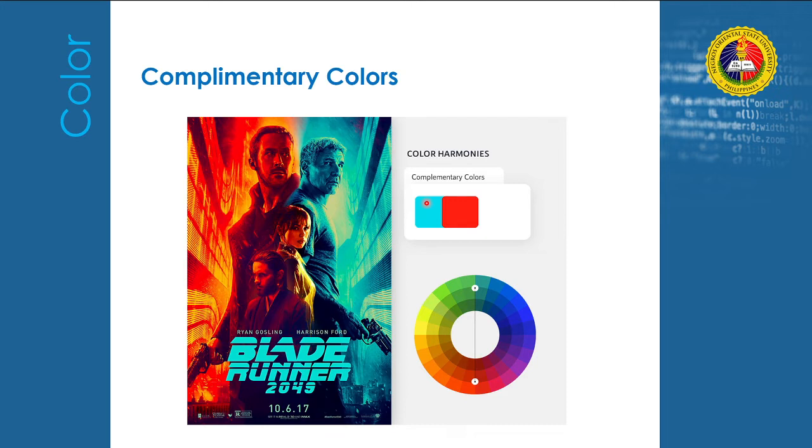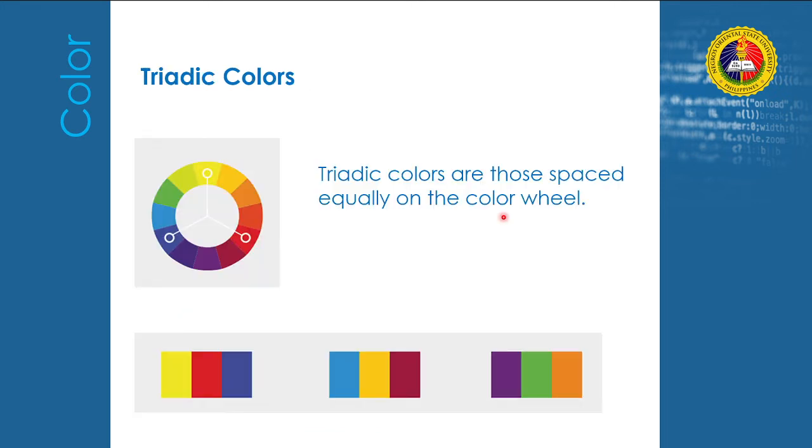So that's it. And then next, we have triadic colors. Triadic colors are those spaced equally on the color wheel and they typically produce vibrant effects. Just like the rest of the color harmony rules, triadic colors also produce vibrant effects.